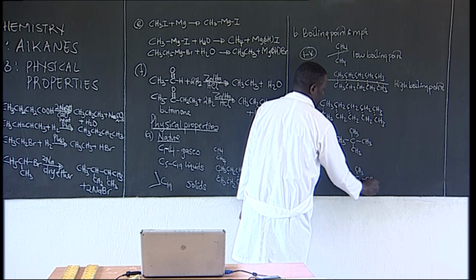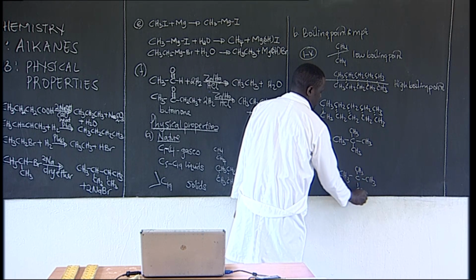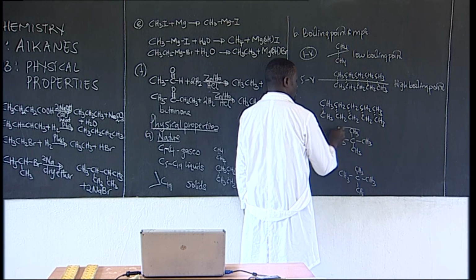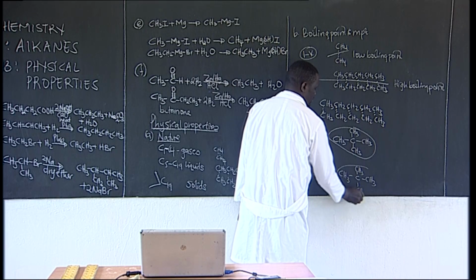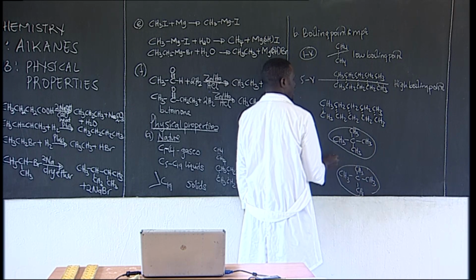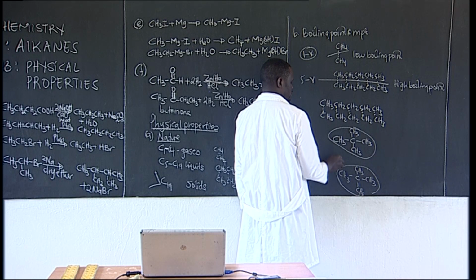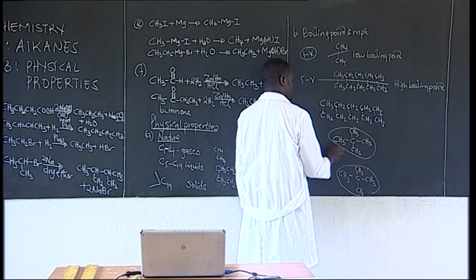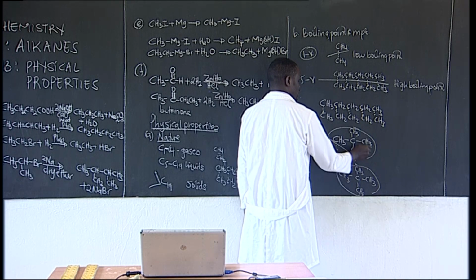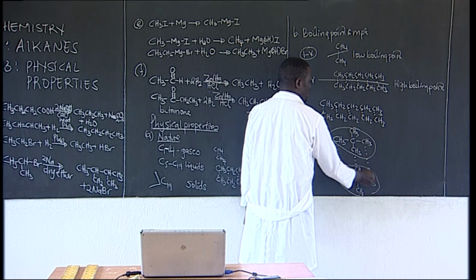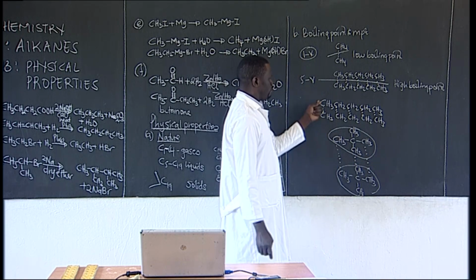So the more the branching, you see this one has more branches compared to this one. So this branching will decrease the surface area for formation of intermolecular forces. If we compare the number of van der Waals forces, you see this one will form more van der Waals forces.